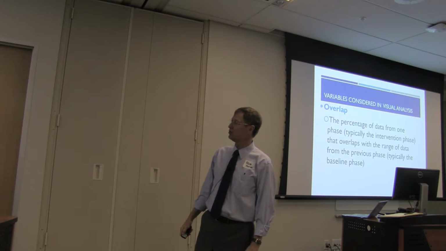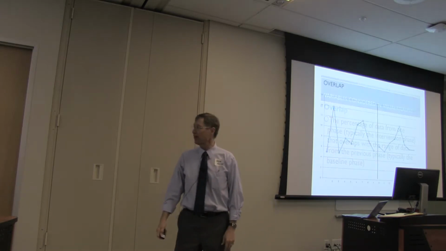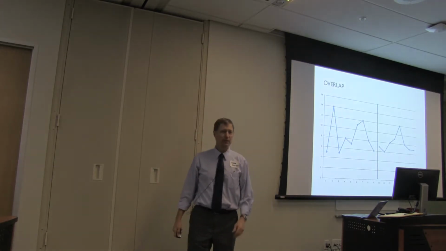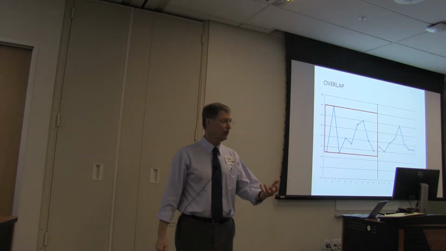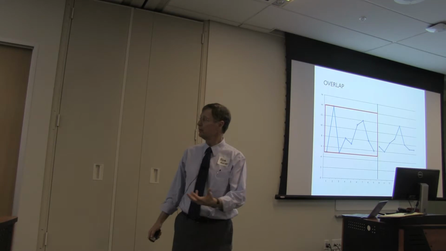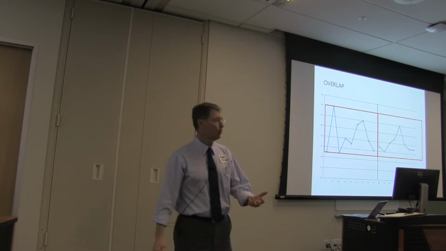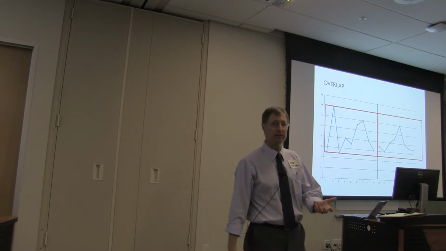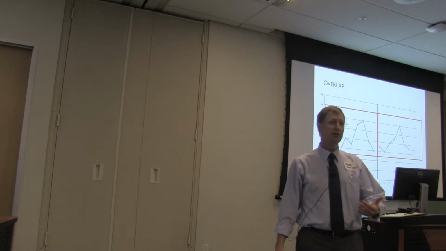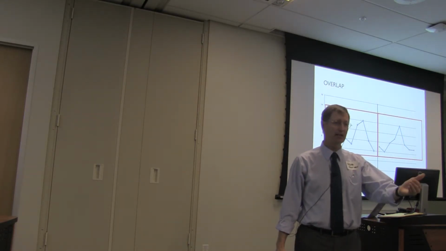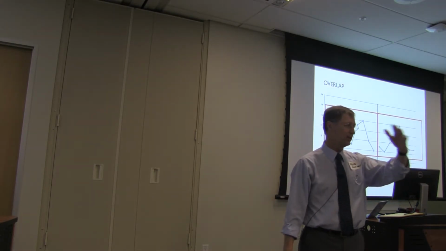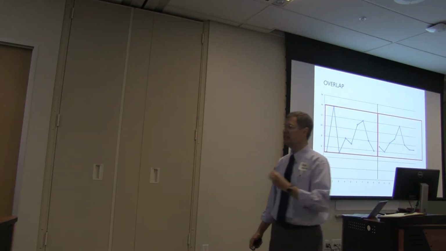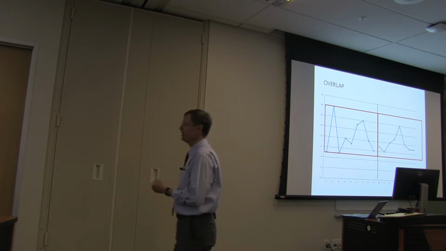A way to do that is to look at overlap. In most cases, you take the range of the data in phase 1, extend it, and say what proportion of the data are in phase 2. You saw the 8 different variations of how to look at that. You can use medians and all sorts of different variations.